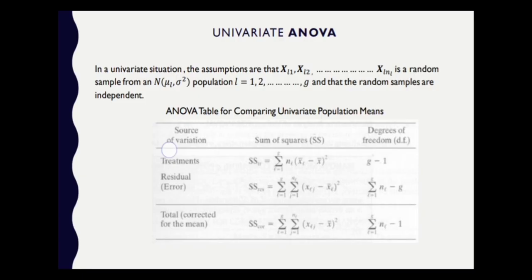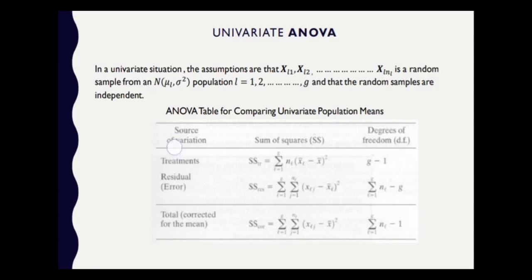But when the sample size is large, the third assumption we can ignore, because when the sample size is large, we can use the central limit theorem. We can assume that every population is multivariate normal.